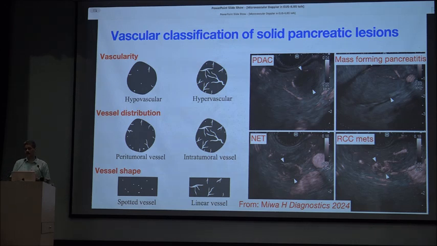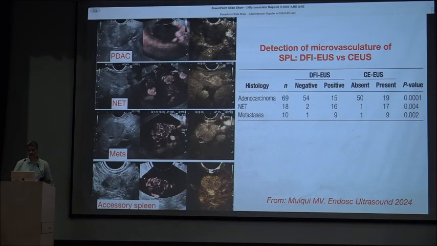So we learned that if there is a pancreatic ductal adenocarcinoma, just by turning on the DFI, the lesion is hypovascular, with peritumoral vessels and spotty vessels, no vessels going inside it. This is likely to be a pancreatic ductal adenocarcinoma with very high sensitivity and specificity, even without contrast use.